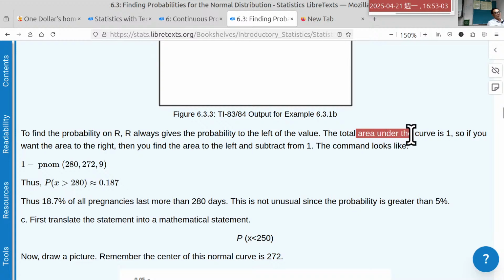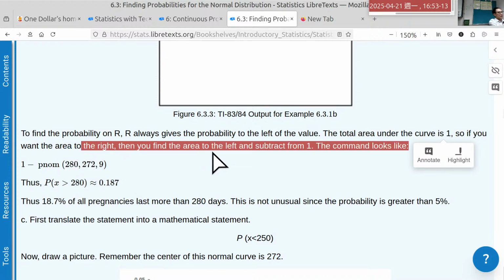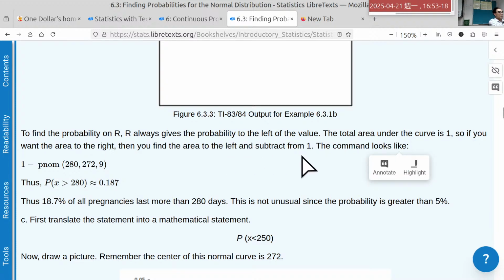The total area under the curve is 1. So if you want the area to the right, then you find the area to the left and subtract from 1. The command looks like this one.